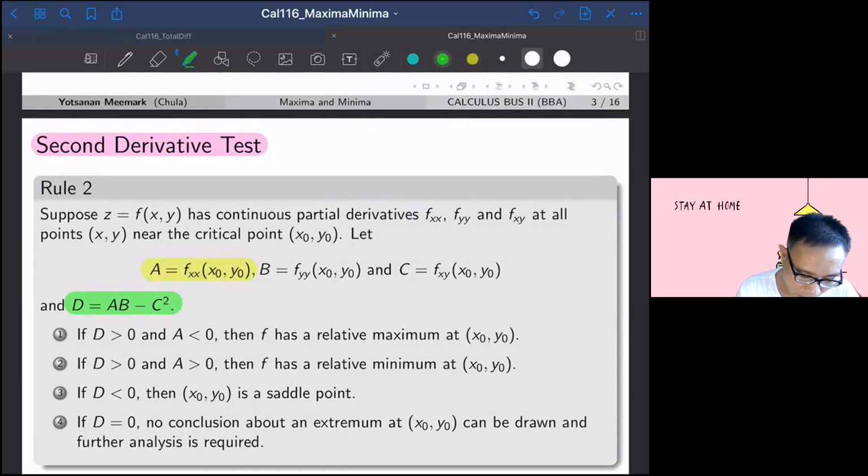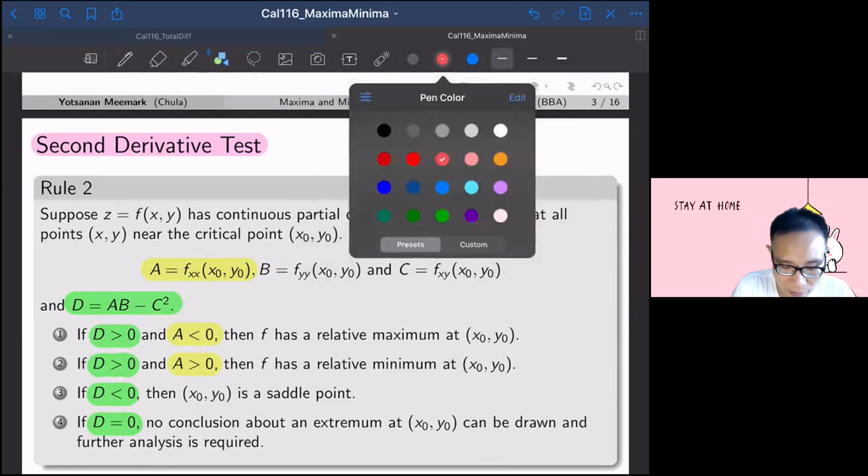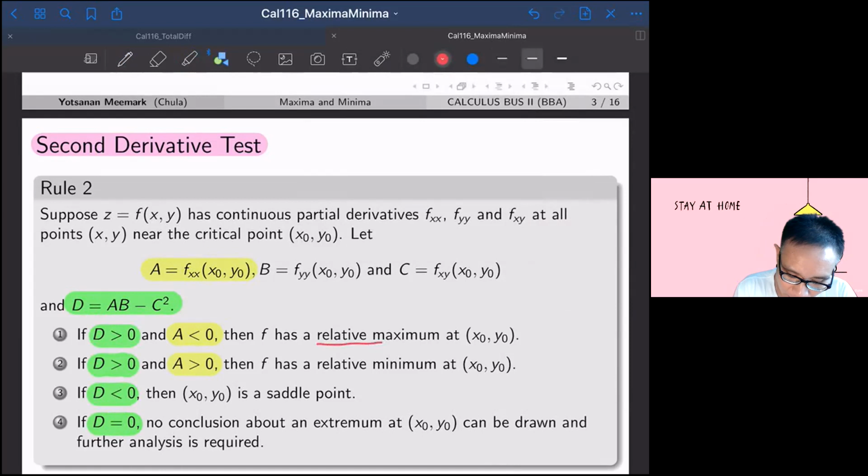So if you have d positive, let me highlight d with the green color, and I highlight a. If you have d positive and a negative, the function will have a relative maximum at (x0, y0).